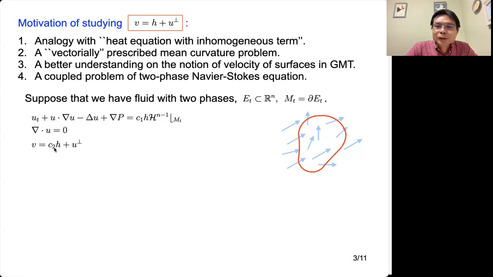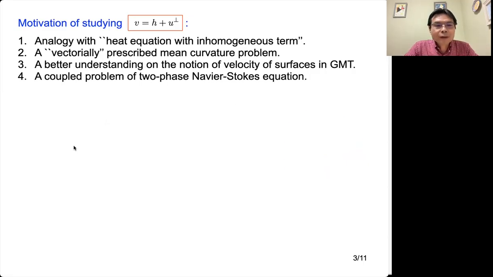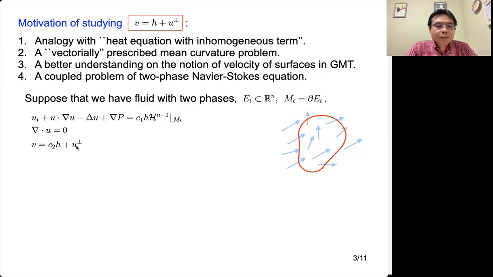Now, if c_2 is equal to 0, suppose this is 0, then it just says that the surface is moving with the velocity of the flow field. But now if you have c_2, you have this sort of extra mean curvature motion. So you take this as a motion law of this phase boundary.